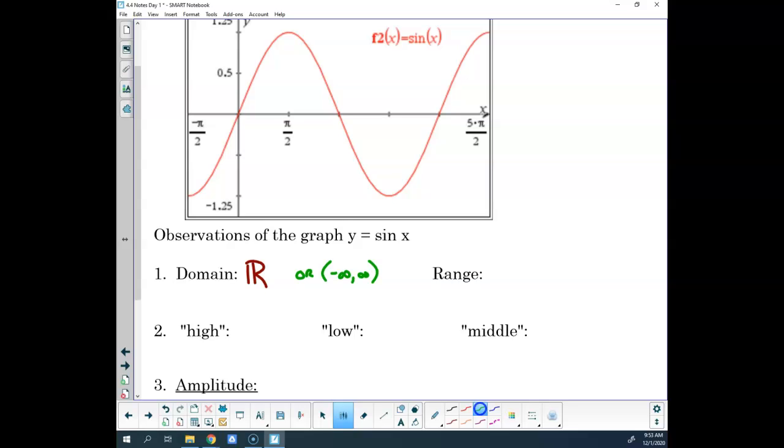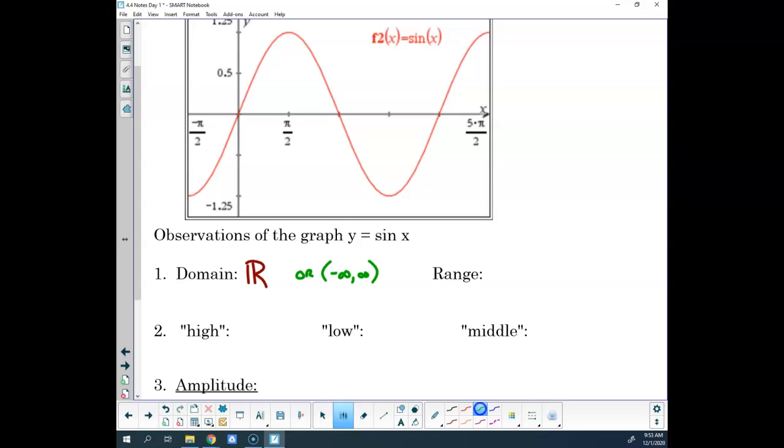Range. We know the range of sine. We did it in the obviosities when we were dealing with the unit circle. What's the smallest that sine value can be? On the unit circle, sine is what again? Y's.